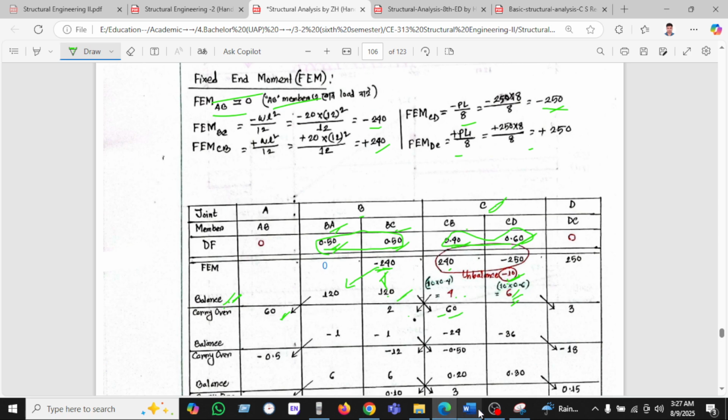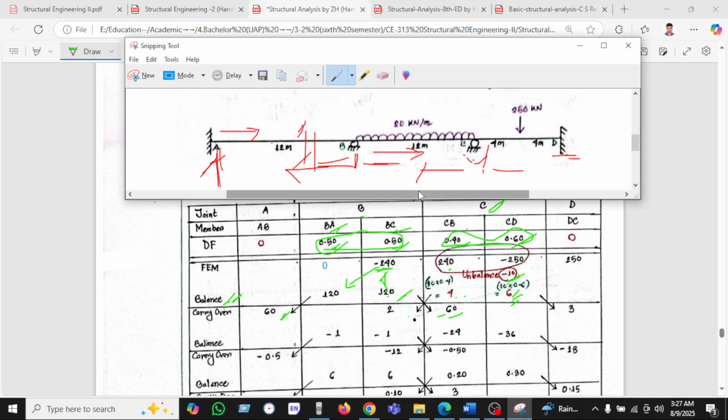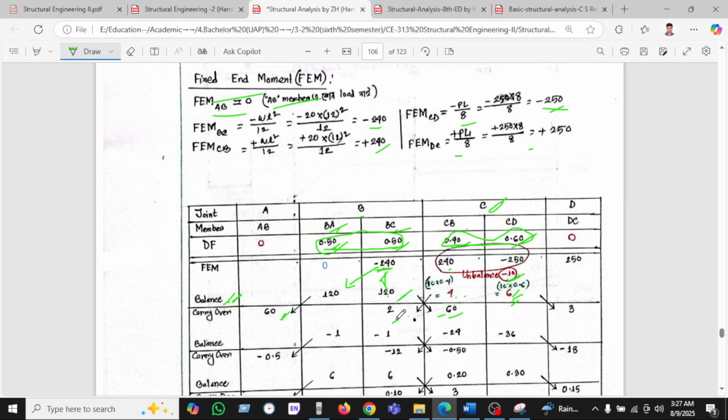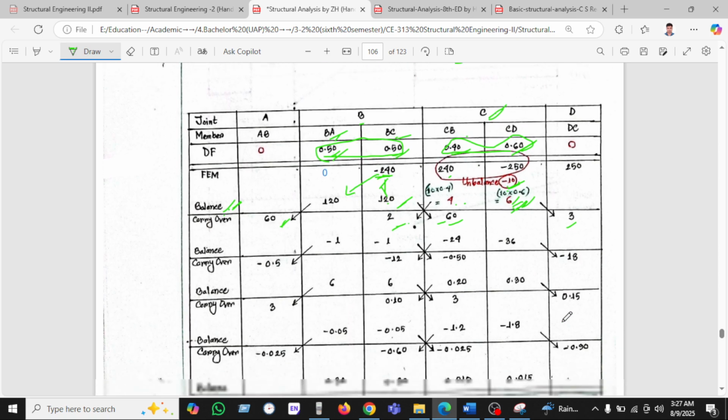And CB, that means it goes C to B, so this 4 into half is 2. In the same way, it goes to CD, C to D, which is 6 into half, which is 3.